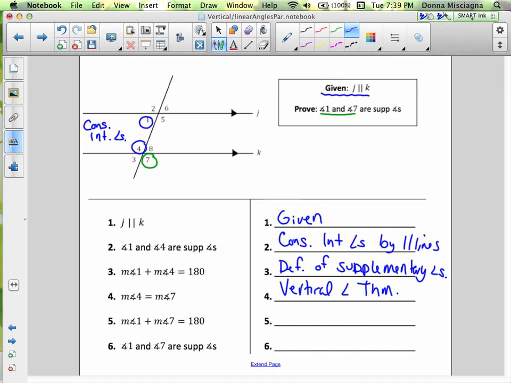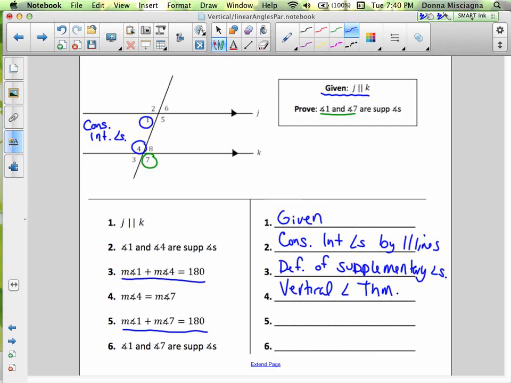Now remember, we're trying to say something about angle 1 and angle 7. So notice I have this statement here. We know that angle 1 plus angle 4 equals 180 because they're supplementary angles, they're consecutive interior angles. And we want to say something about angle 1 and angle 7, that they're supplementary angles. So notice it's almost the same statement, except instead of measure of angle 4, it has the measure of angle 7.